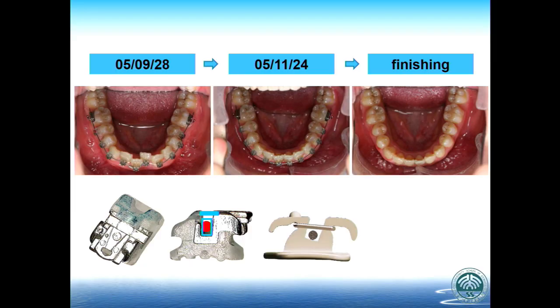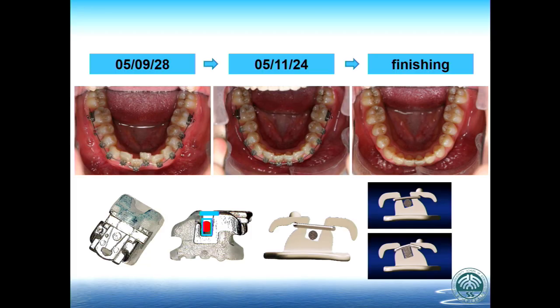For MLF brackets, what can we do? We use a smaller round 0.14 wire first. It's similar to the self-ligating brackets. And what's next to relieve the crowding?